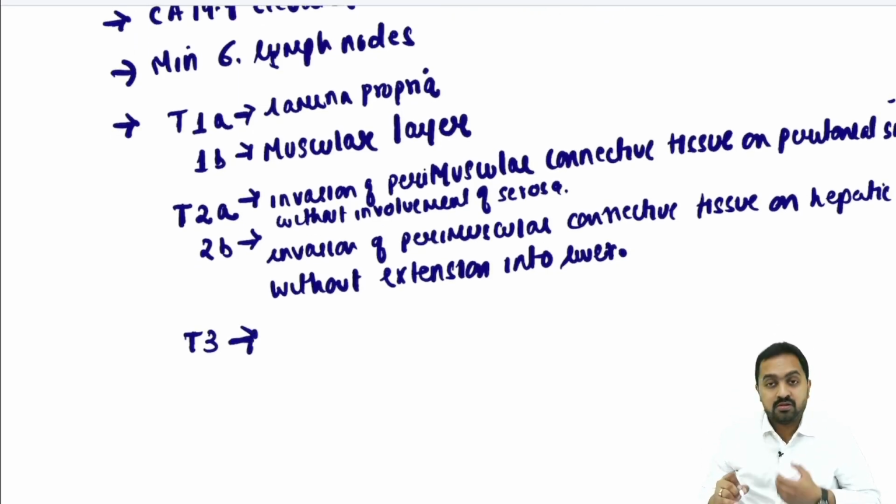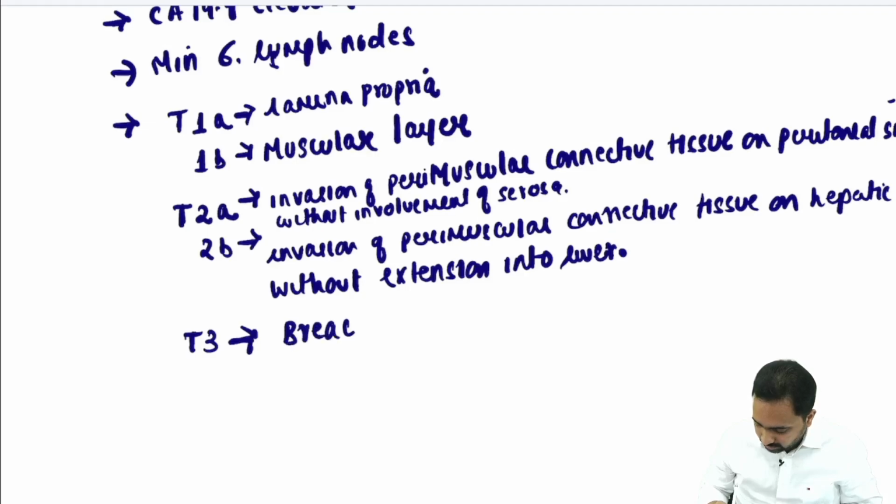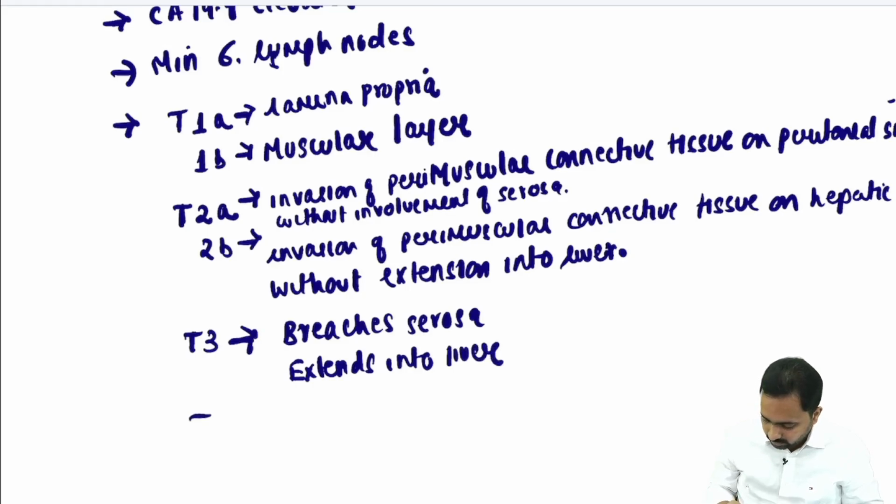So now what is T3? T3 is, just remember what has happened in 2A and 2B, it extends beyond. So over here it breaches the serosa, it extends into liver. Now T4 is what?